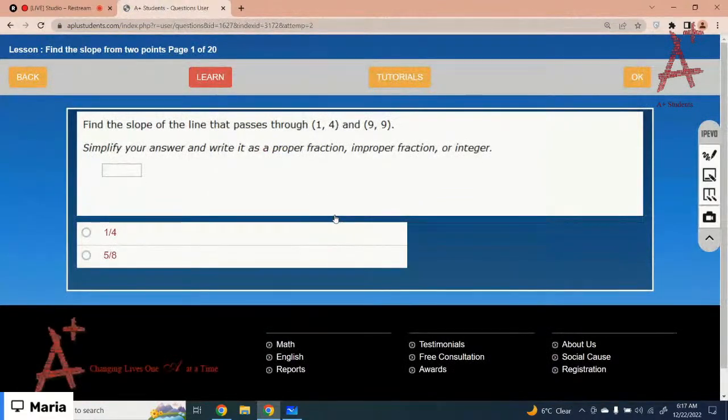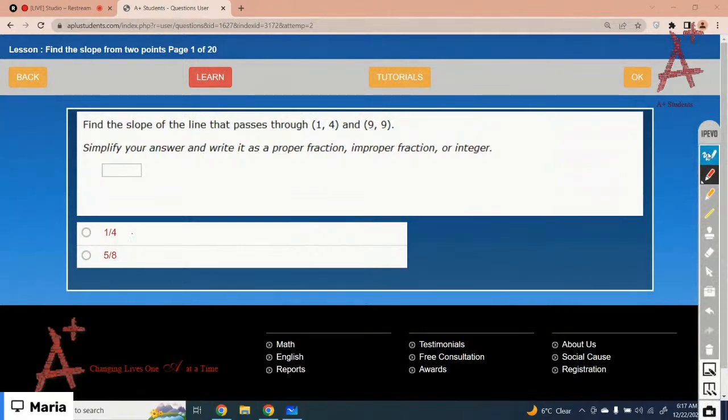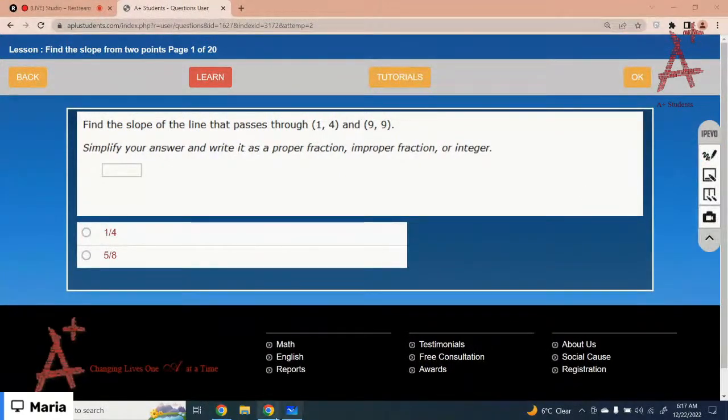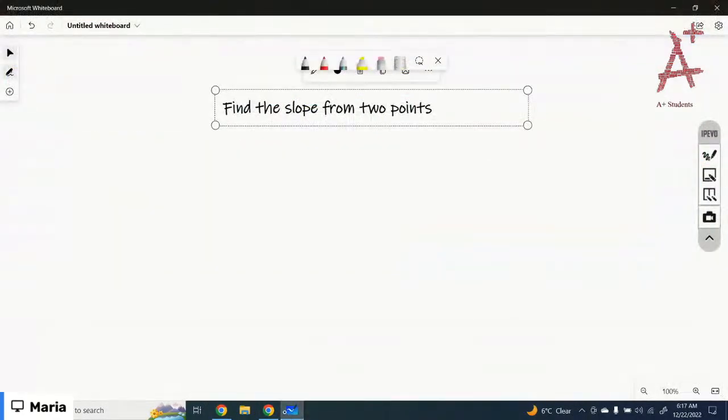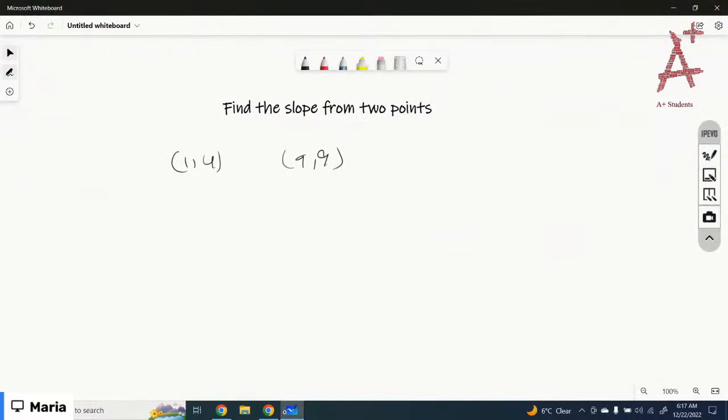Okay, find the slope of the line that passes through the points (1, 4) and (9, 9). So just use these points and use the formula m equals y2 minus y1 divided by x2 minus x1. So it is x1, y1, x2 and y2.